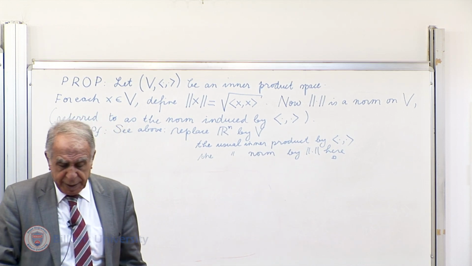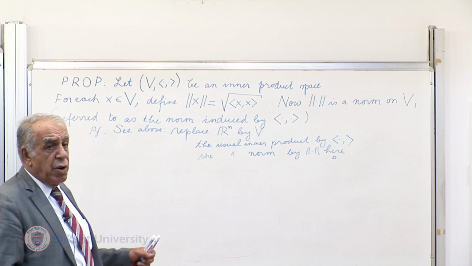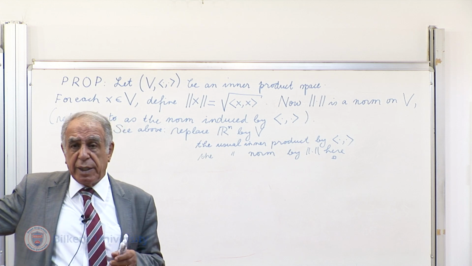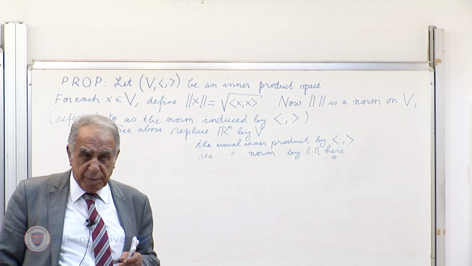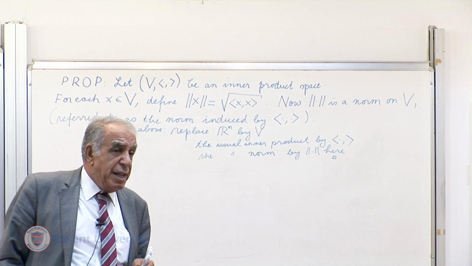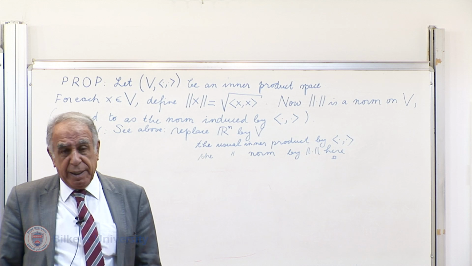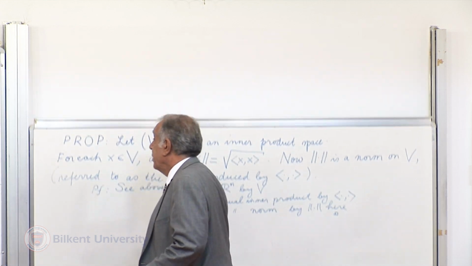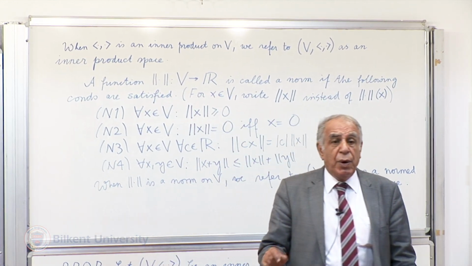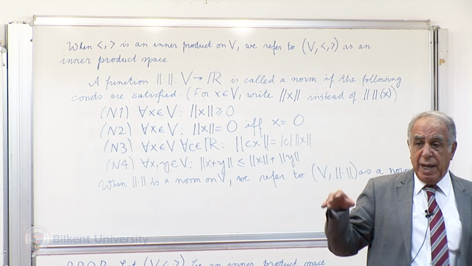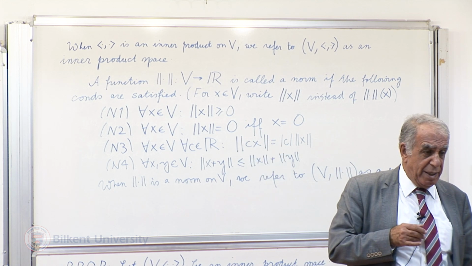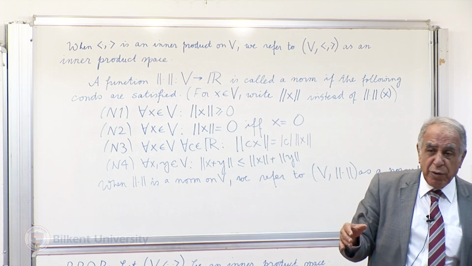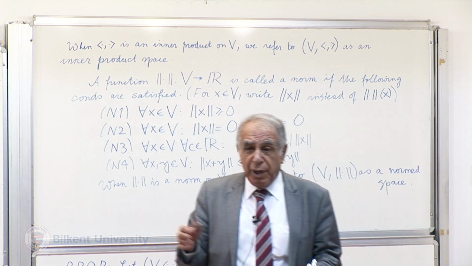But now the question is, the usual norm is induced by the usual inner product. Here we have the generalization of a normed space and an inner product space. In fact, if it were the case that each norm, in the generalized sense, were induced by some inner product on the same real vector space, then it would be strange to consider inner product spaces and normed spaces as if they were two different objects.